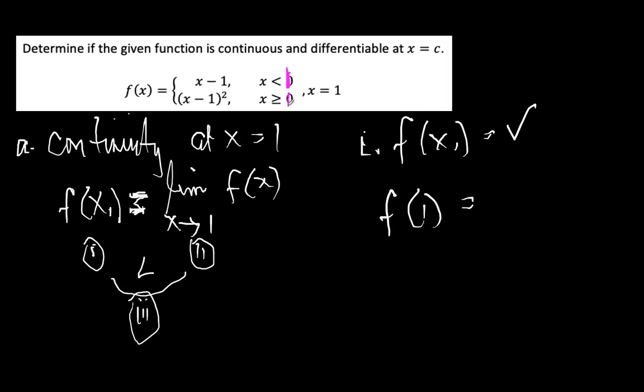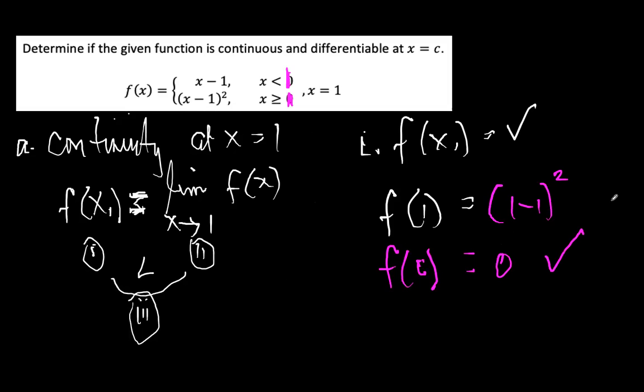This must be 1. This must be 1. Okay, here we go. Let's use magenta here. So f of 1, where x is greater than or equal to 1, we're going to use again the second subfunction. So that's 1 minus 1 squared. This is 0. So therefore, the function value at x is equal to 1 is 0.